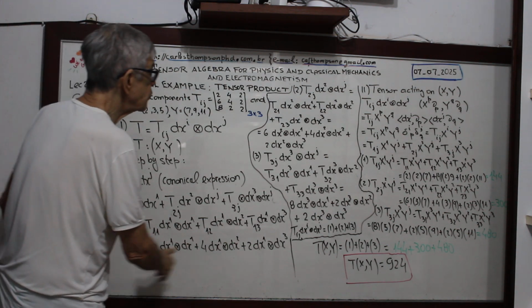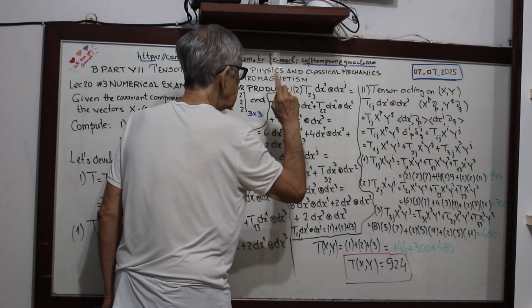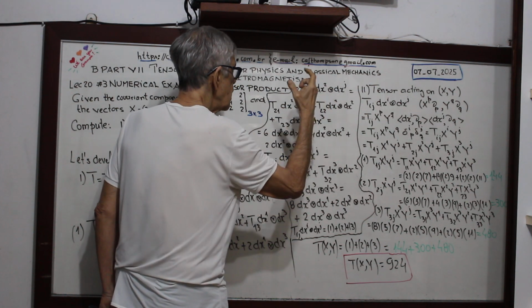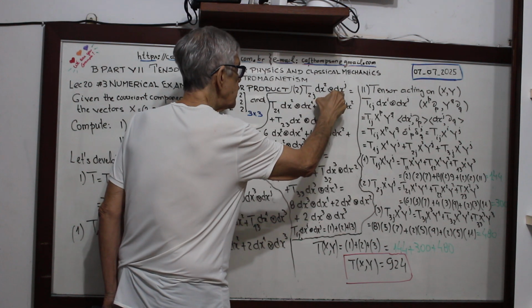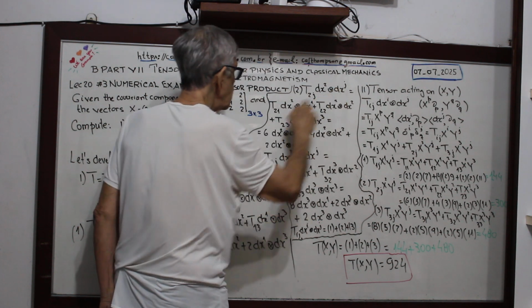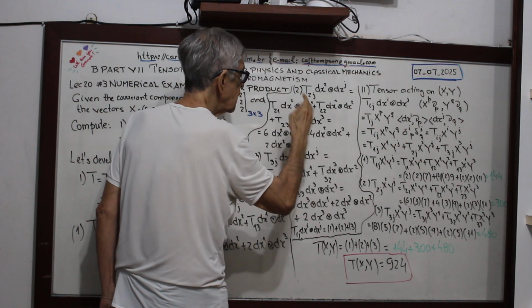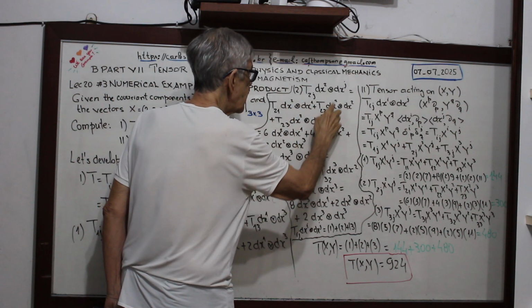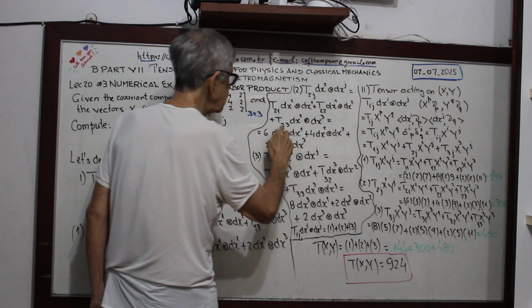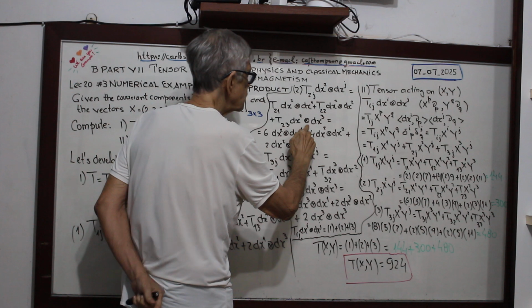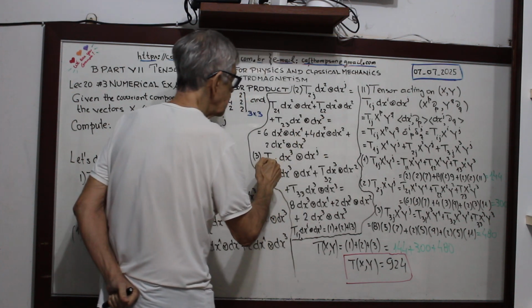Now I move to the number 2 here. Here i is equal to 2, and I expand, j is dummy. So this is T21 dx^2 dx^1, T22 dx^2 dx^2, T23 dx^2 tensor product dx^3.